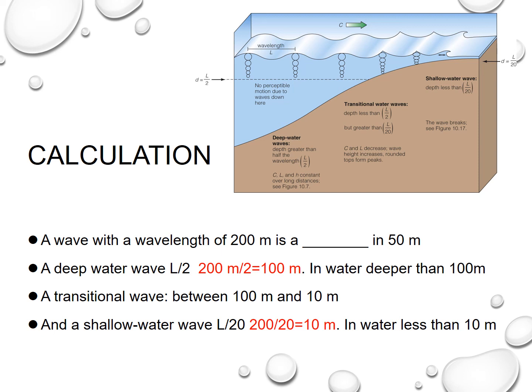And for a shallow water wave, the water has to be shallower than the wavelength divided by 20. So 200 meters divided by 20 is 10 meters. So if the water is less than 10 meters deep, this wave would be a shallow water wave. But it's at 50 meters, so it's between a deep water wave and a shallow water wave, and therefore it is a transitional wave. So this concludes our first topic.